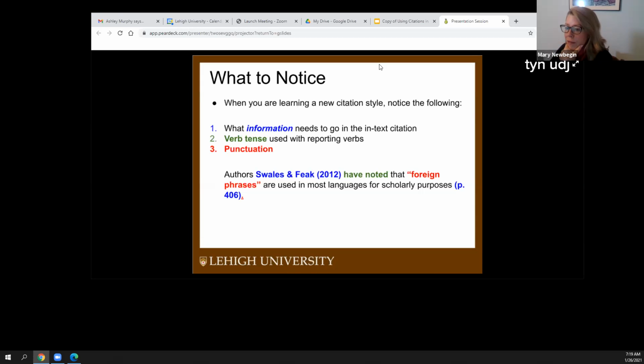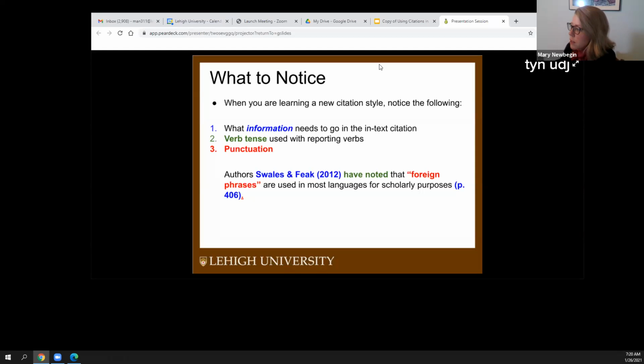That's why I have that page number there at the end. I have paraphrased that chunk of text from page 406. But you notice that I used some unique phraseology, foreign phrases. Those were Swales and Feak's original words, and I borrowed them, so I must put that part in quotation marks.